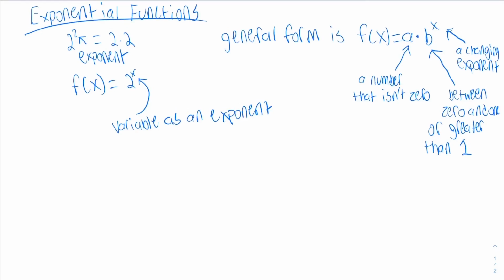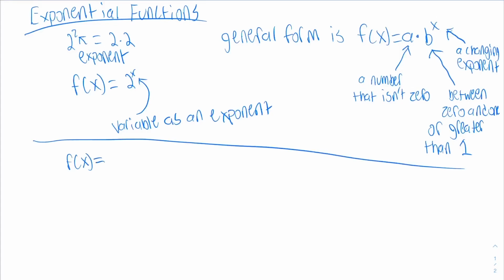So let's graph an easy example of this. f of x equals 2 to the x, like we had a second ago. If I make a table of this, zero, 1, 2, 3. 2 to the 0 power is 1. 2 to the first power is 2. 2 to the second power is 4. 2 to the third power, 8.